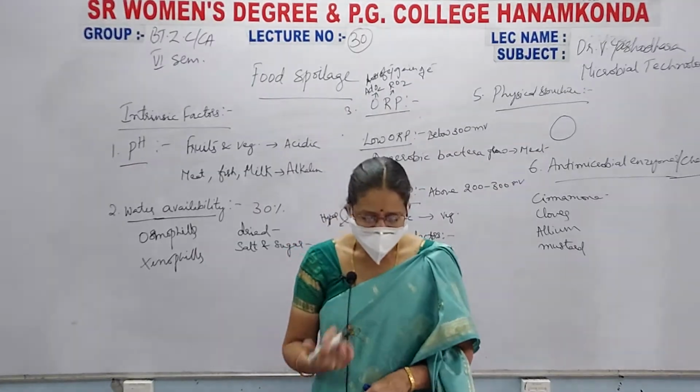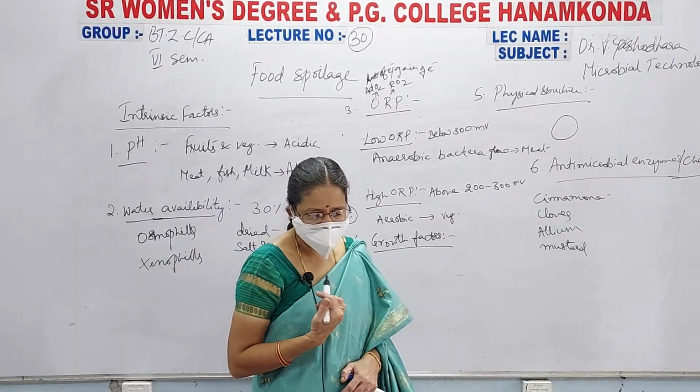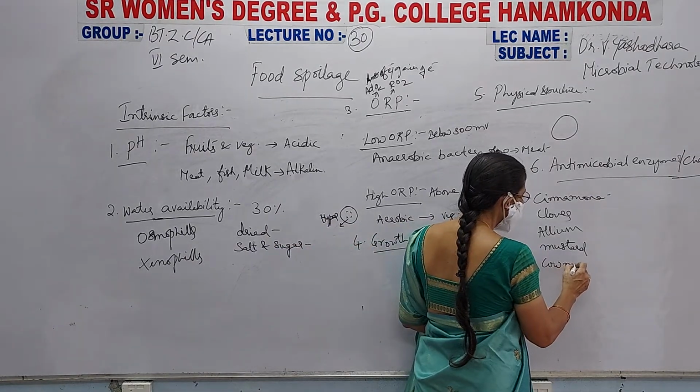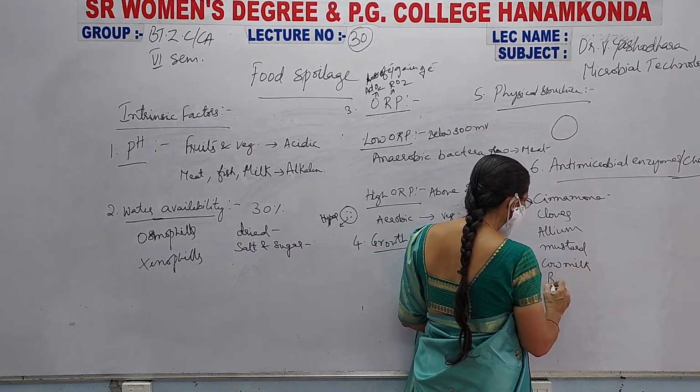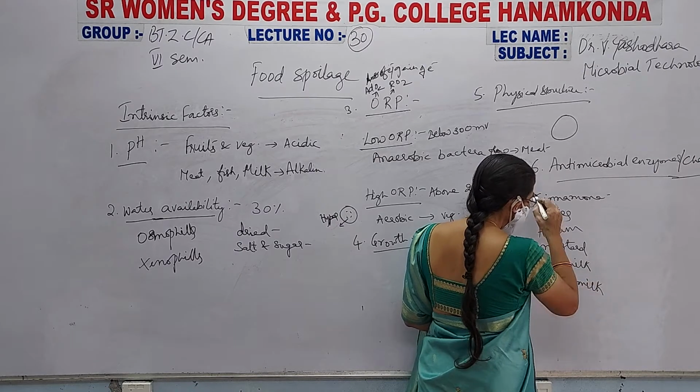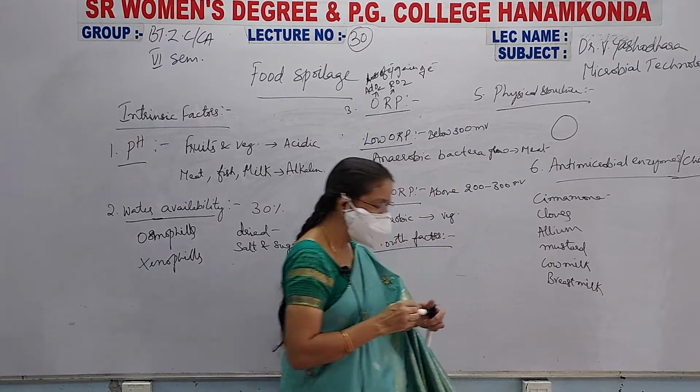See here, in all these, that is cinnamon, mustard, next your cow milk, breast milk, that is mother's milk, all these are antimicrobial in nature.